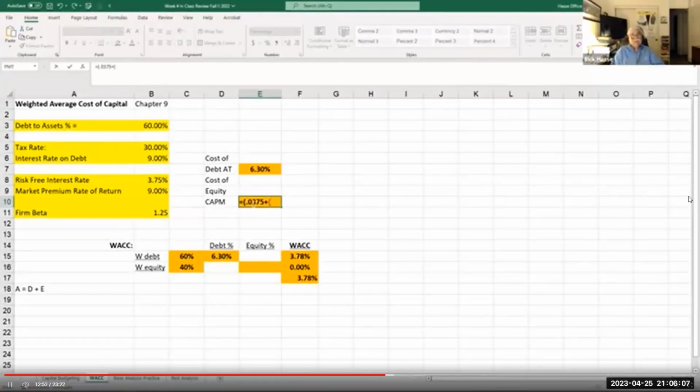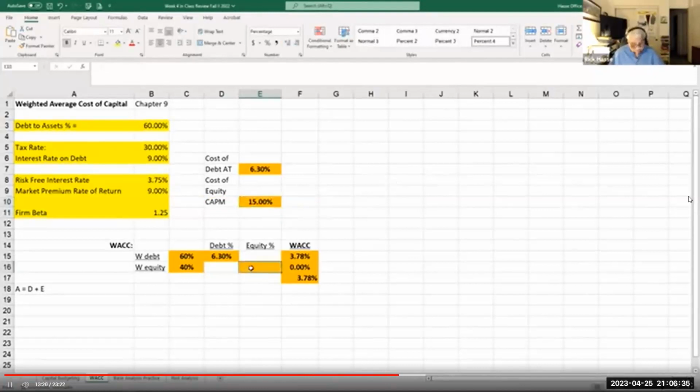Here I give you the market premium, 0.09, times the beta of the company, 1.25. And we get 15%. So 3.75 plus 9% times 1.25 equals 15%. Pretty high cost of equity.